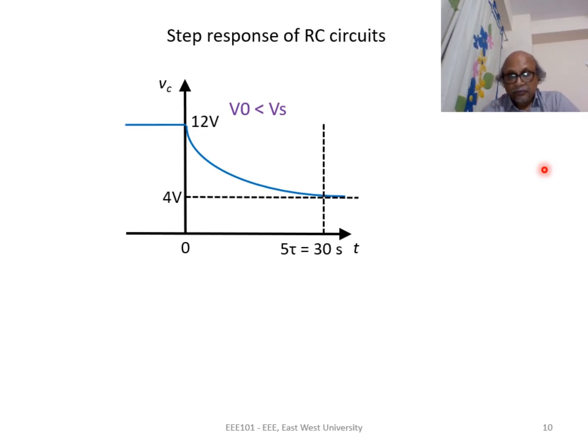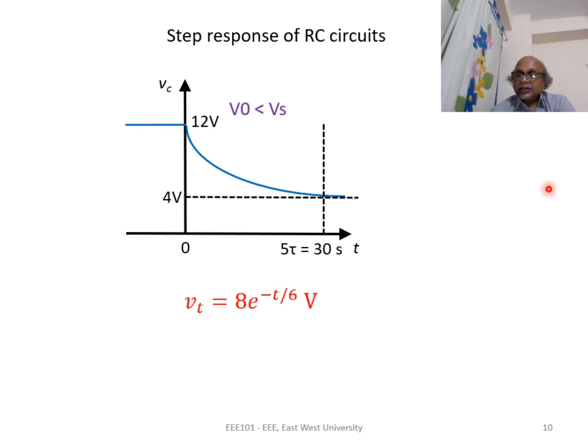Okay, now we move on to the final part of our solution. We have to determine the natural response, the transient response, and the forced response. The transient response is V0 minus Vs e to the power minus t by tau. V0 minus Vs is 8 volts. So this expression represents the transient response.